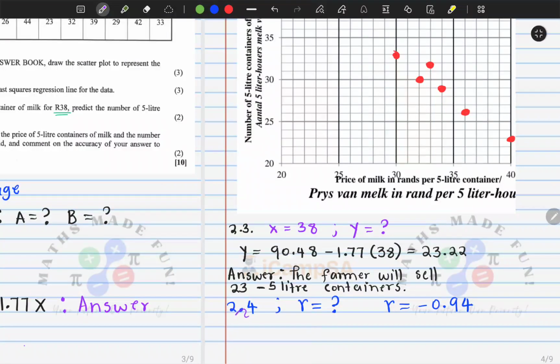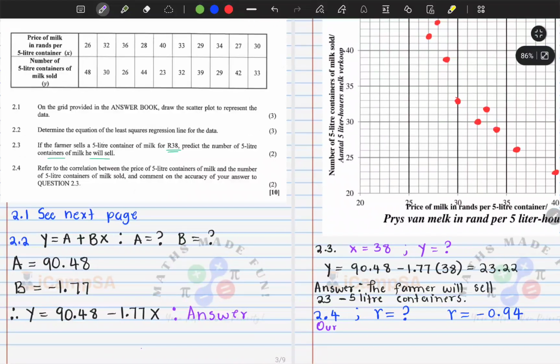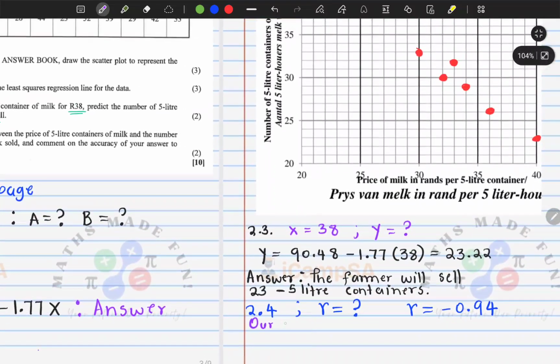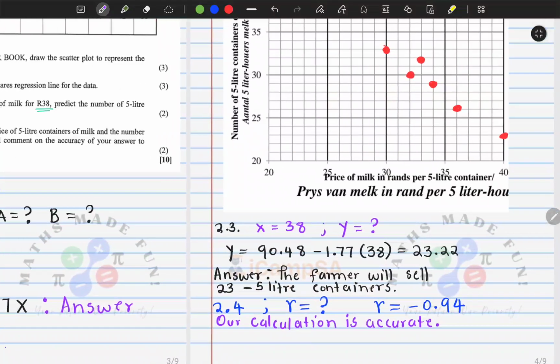So here, if you look carefully, we can say our calculation is accurate. Okay, why?